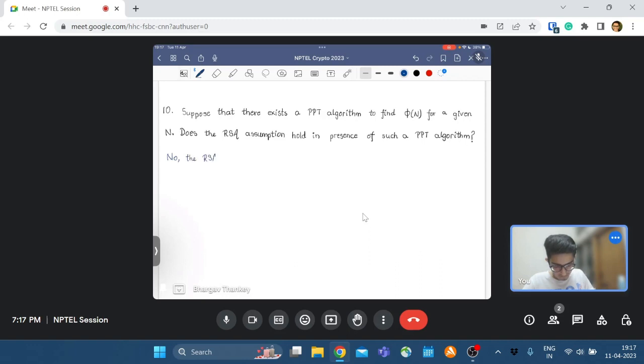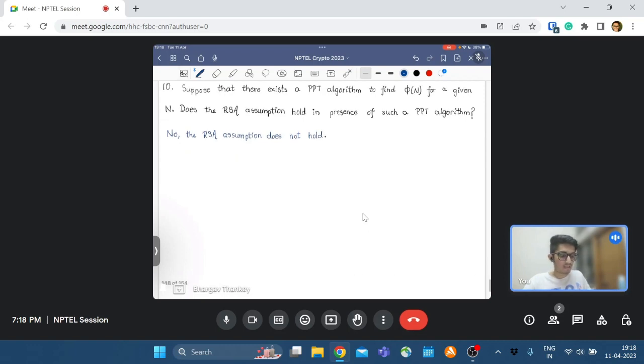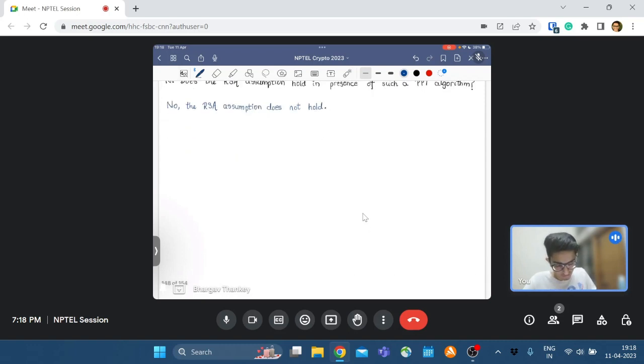So what we'll show is, no, the RSA assumption does not hold. And what we'll do is we'll basically show that there exists an adversary which can win that game. There exists a PPT adversary which can win that game. So let's see.